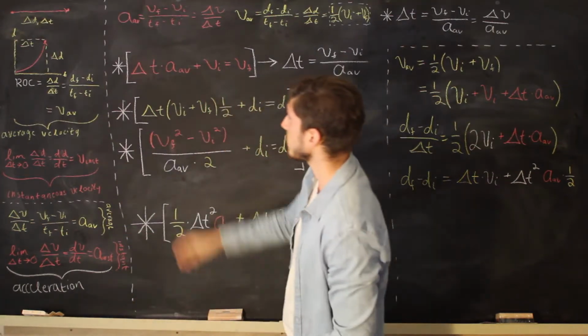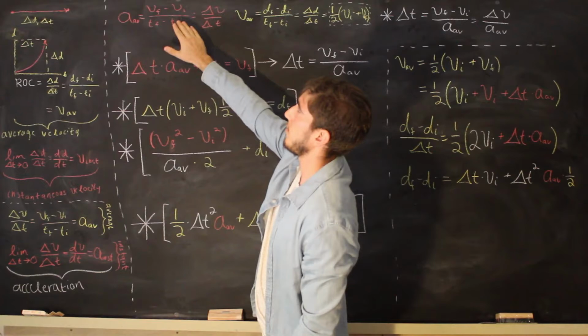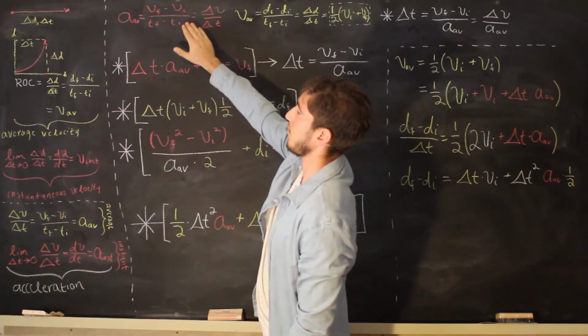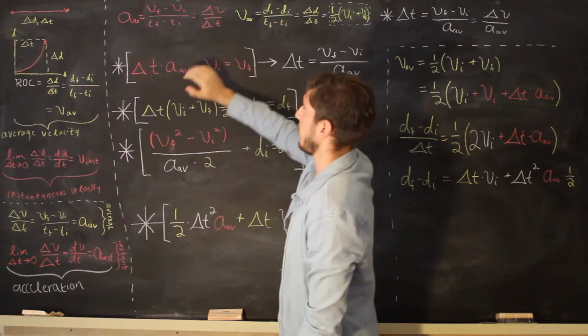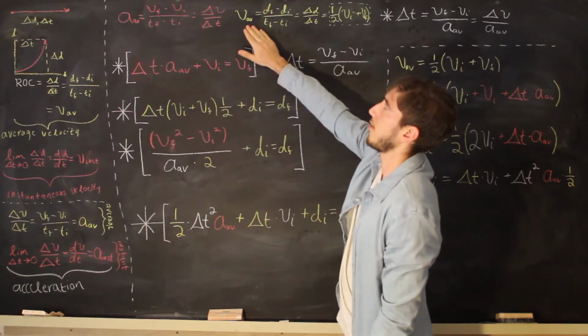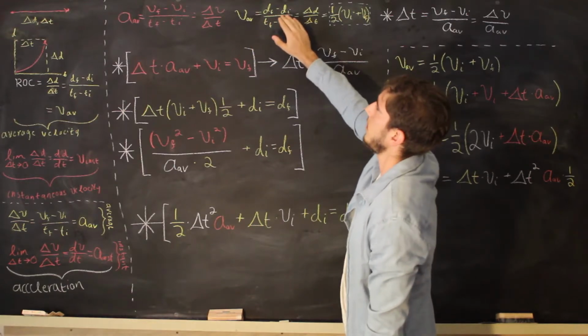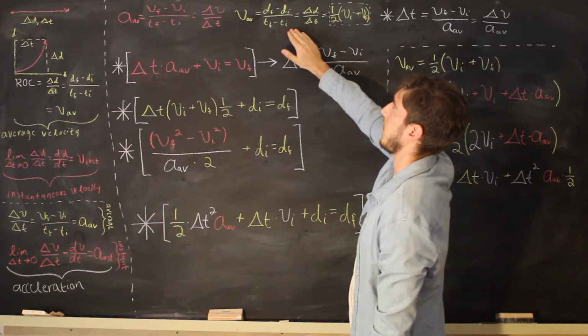Now that we know all this information, let's extract some of it and put it in our toolbox. So we know that the average acceleration is the final velocity minus the initial velocity over time final minus time initial, change in v over change in t. We know that our average velocity is equal to distance final minus distance initial over time final minus time initial.